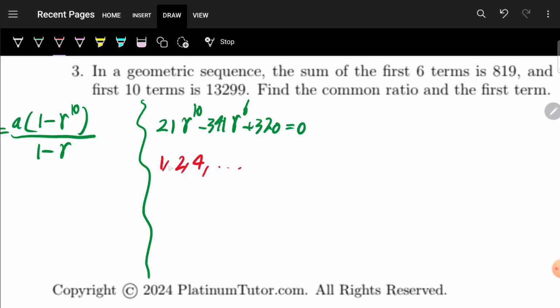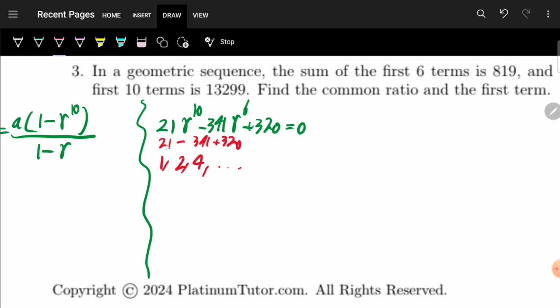Just by looking at this, if we plug in 1, we know 1 to the 10 is just 1, so we have 21 minus 341 plus 320. So is this going to work? Well, let's see. We have negative 341 and 320.